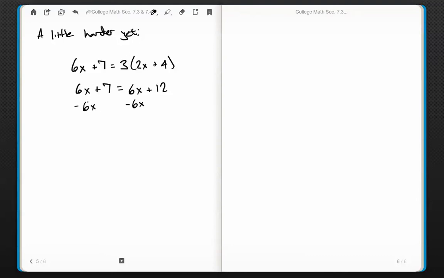But now when I subtract these, I've got 0x, and 0 times x is just 0, plus 7 equals 12. Well, wait a minute. 0 plus 7 is just 7. 7 equals 12? That can't be.